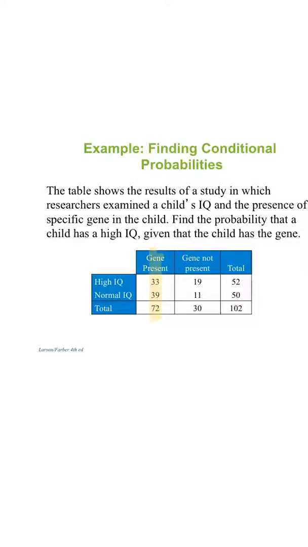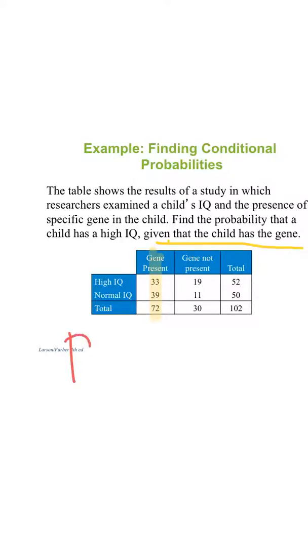I don't care about anyone that doesn't have the gene. It's saying that we've already determined that the gene is present, right? So how do I know that? Because it says given that the child has the gene. So I'm not focusing on any children that do not have the gene.